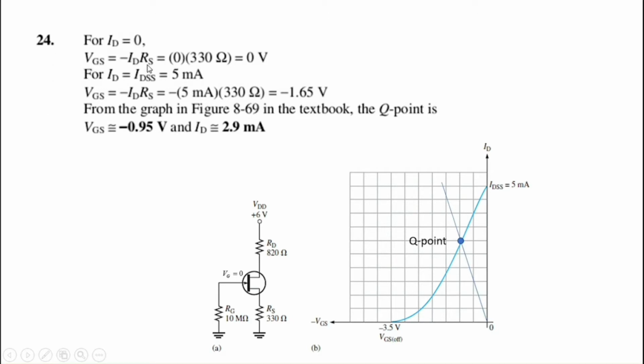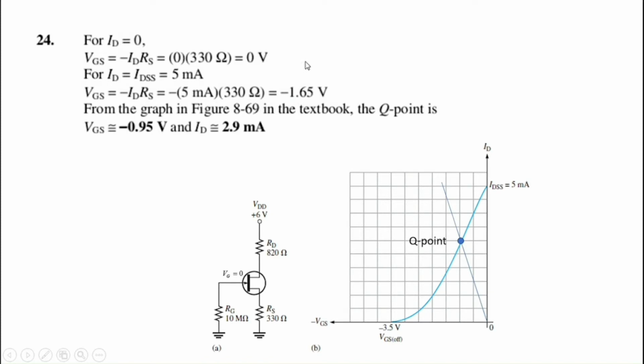Since your ID is equal to 0, substituting the values, you get VGS equal to 0 volt. That's the first point: your gate source voltage is 0 volt at ID equal to 0.